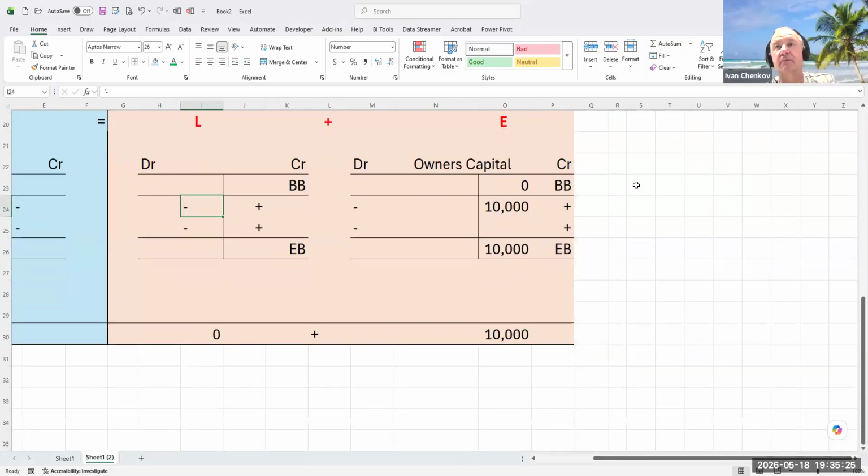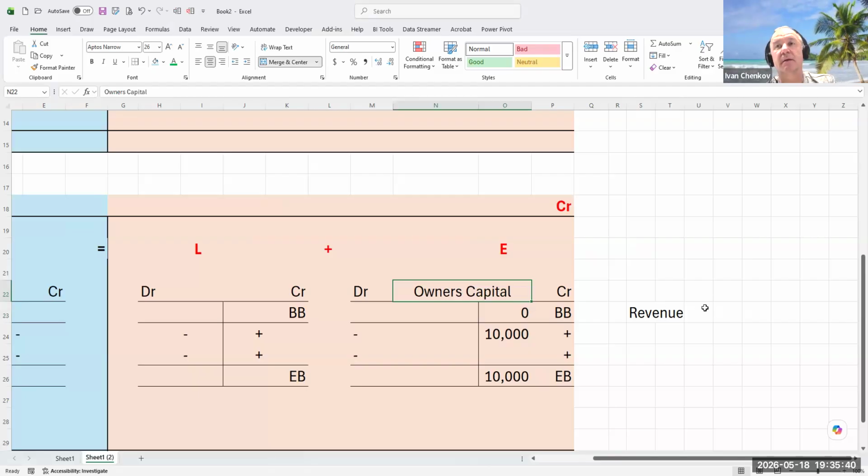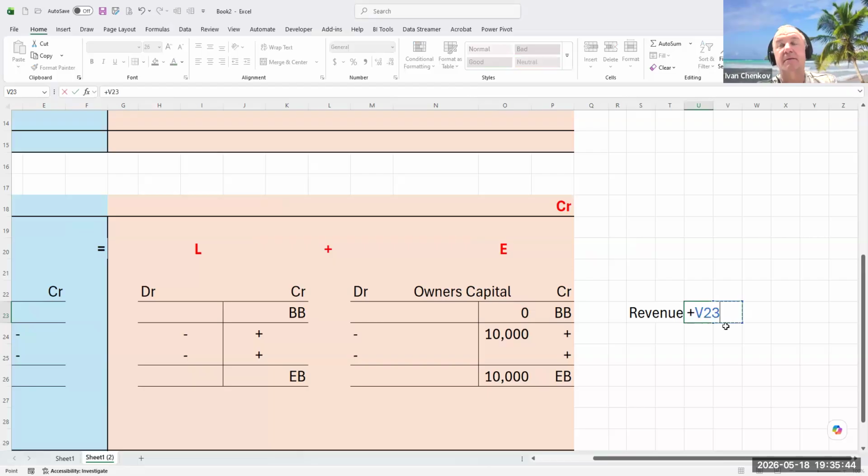Now the revenue. Generally, every time the company starts generating revenue, that increases the owner's capital directly. And since the owner's capital increases on the credit side, revenue, what I want you to remember, is always going to be credit.